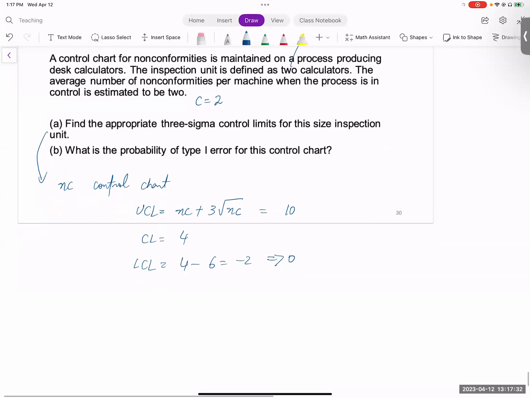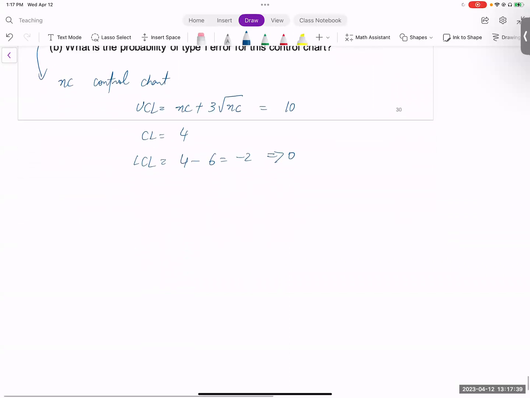So you've got that. And then the other question is, what is the probability of type 1 error for this control chart? It's very similar to the question that we just did a few minutes ago. In fact, alpha is equal to the probability that nc is greater than or equal to UCL or less than or equal to LCL, given the process is in control.